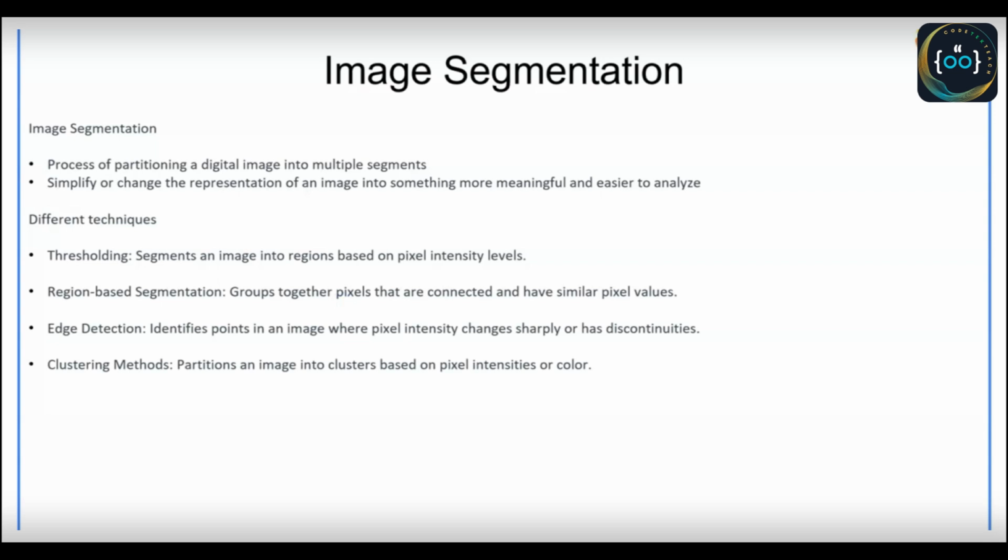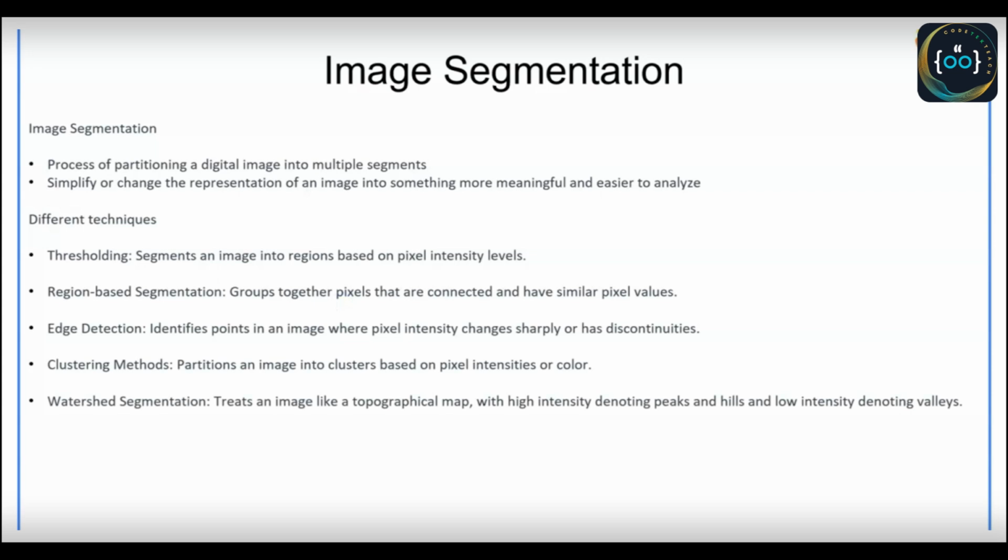Techniques like k-means clustering and hierarchical clustering, where an image is partitioned into clusters based on pixel intensities or color. That's how the clustering methods operate. The next one is watershed segmentation. It is a mathematical approach that treats an image like a topographical map with high intensity denoting peaks and hills and low intensity denoting valleys.